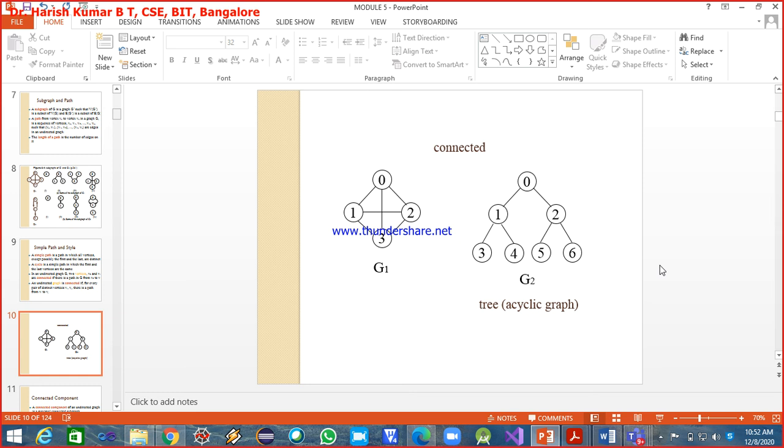Sir, it doesn't contain an edge between every pair of vertices. That means from every node you don't have a direct edge to every other node. Hence, it is not complete.